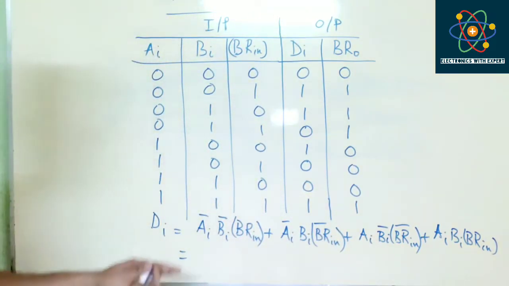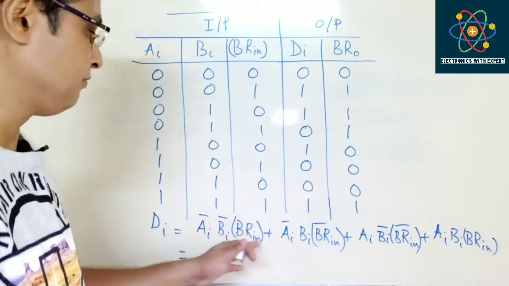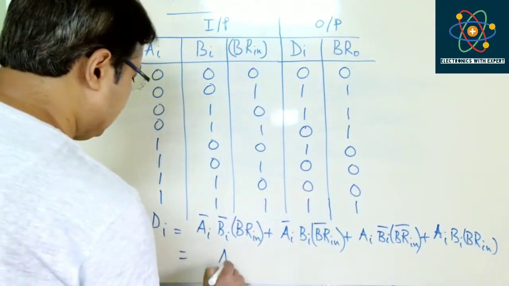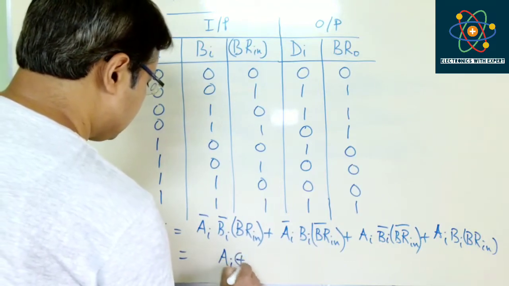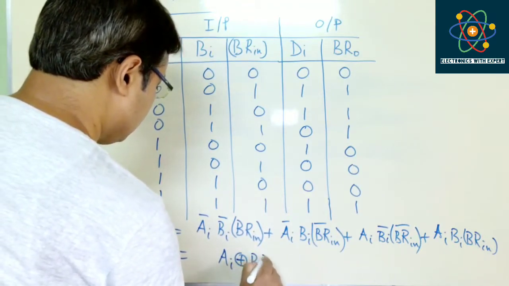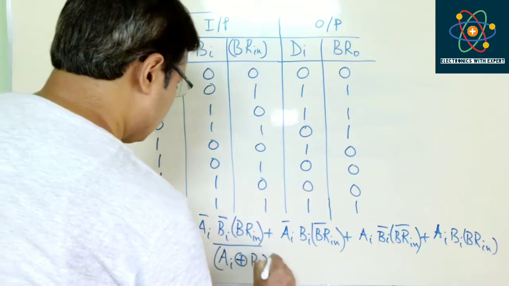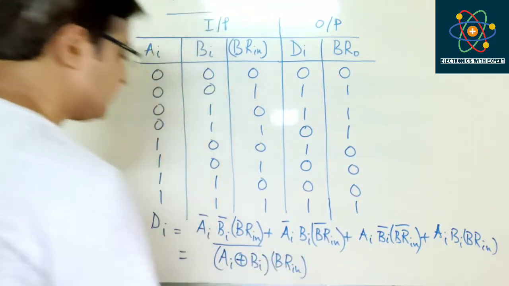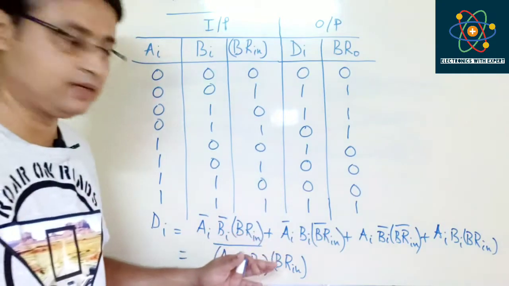So now taking common of borrow in from the first and the last term, we get Ai exclusive Bi bar borrow in. That is actually the output expression for an XNOR gate.